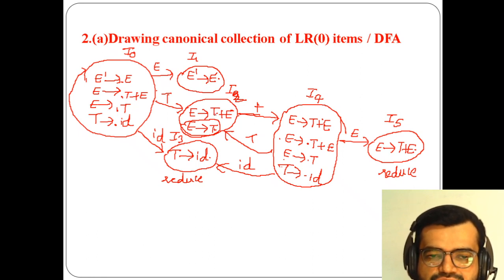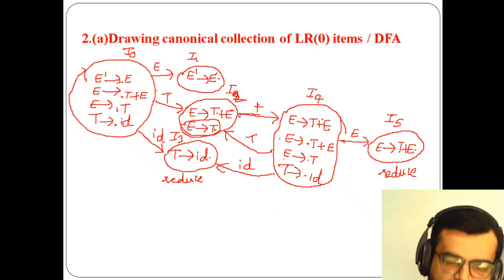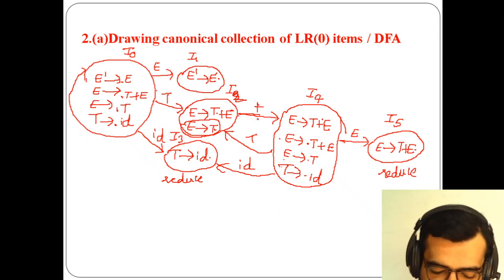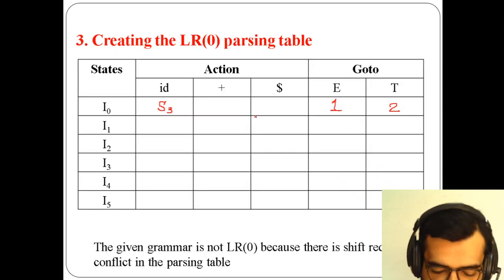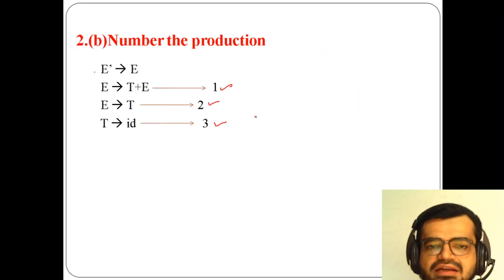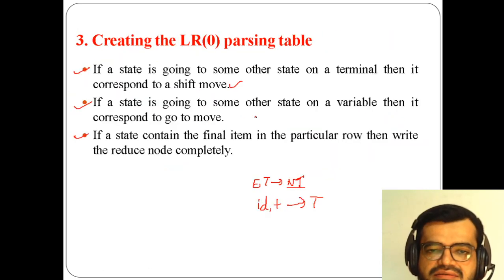Next comes I2. Where is I2 going? It is going to I4, with the help of which symbol? Plus.